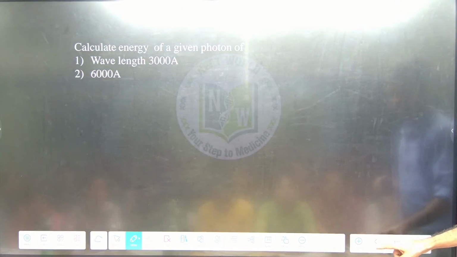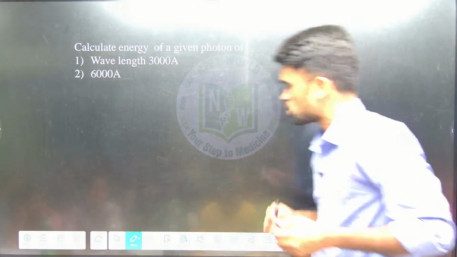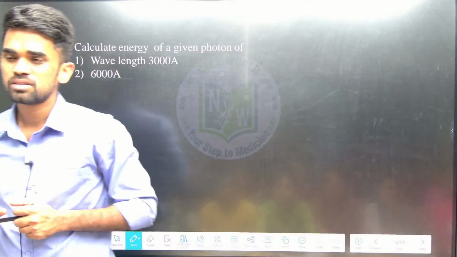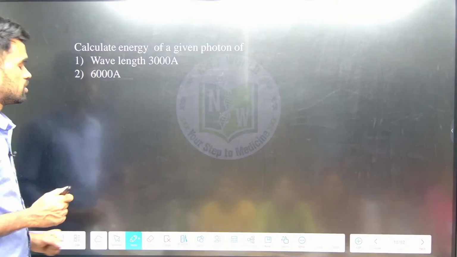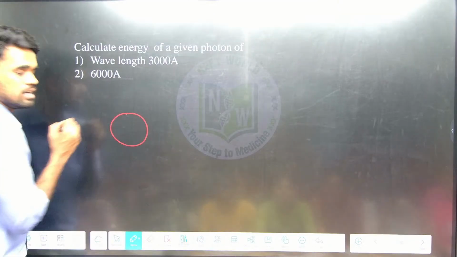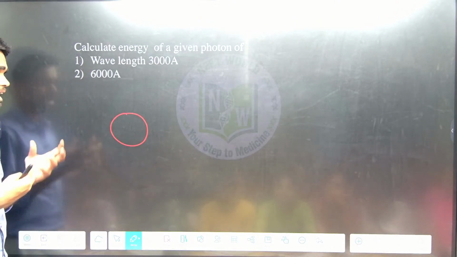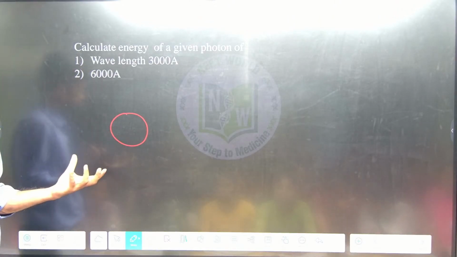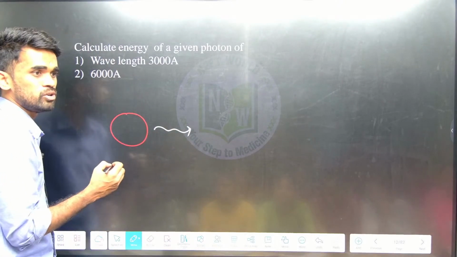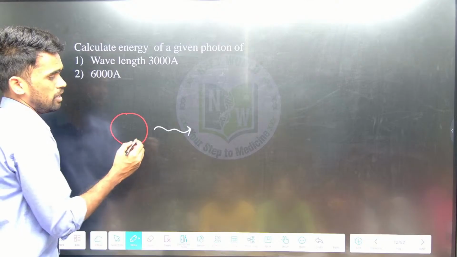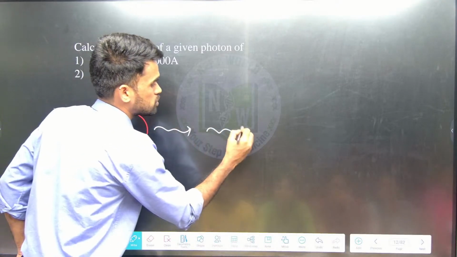Okay, so now Planck's quantum theory. What does Planck's quantum theory say? If you take any substance, like any hard body, it will emit energy in the form of small packets.